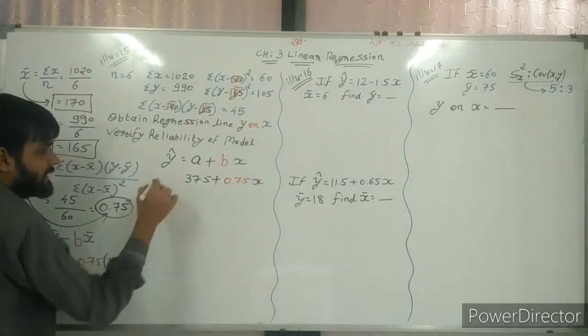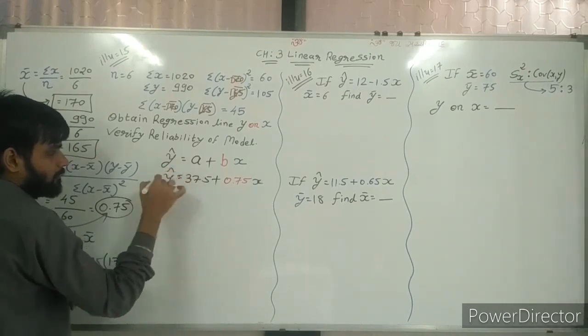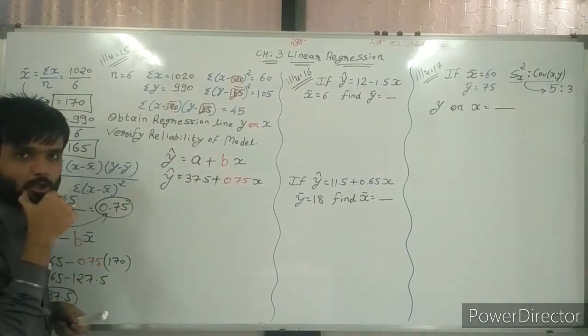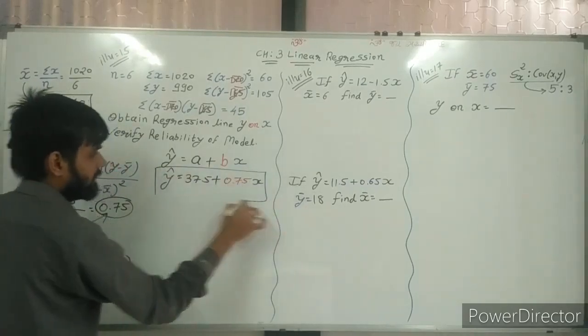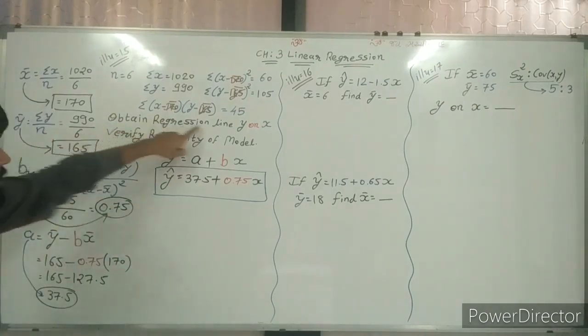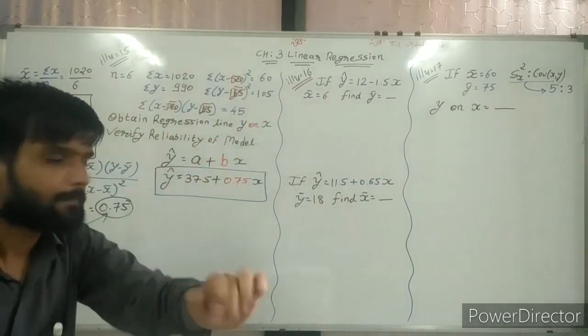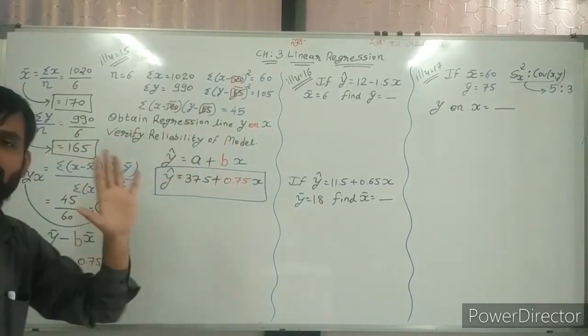So y cap is equal to 37.5 plus 0.75x. Now this is my regression line y on x, and the first question is completed. Obtain regression line y on x. This is my regression line y on x.